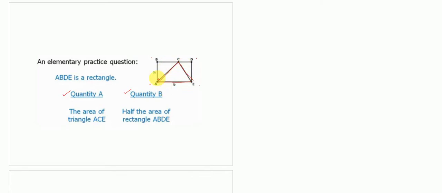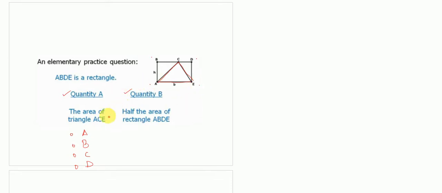So how would we find the answer to it? Let me first put these 4 options over here: A, B, C, and D, and we have to choose a single correct answer.